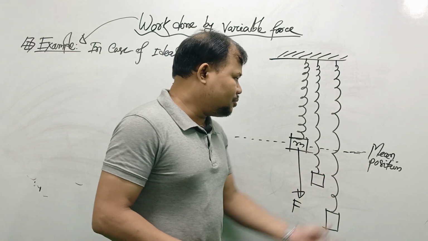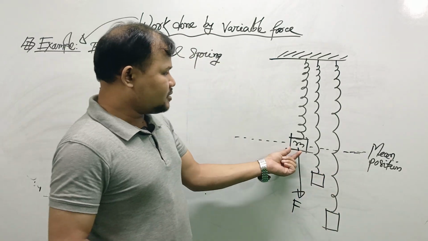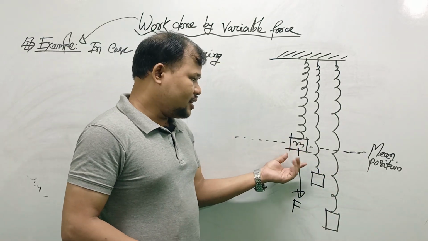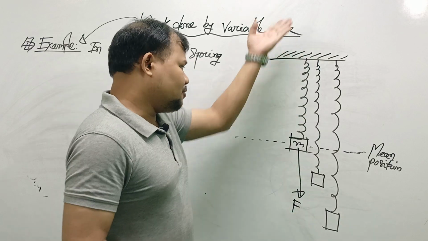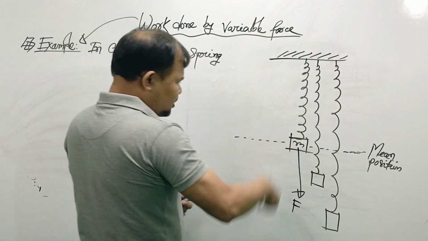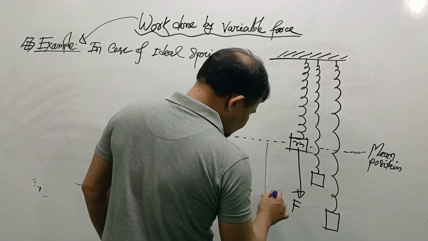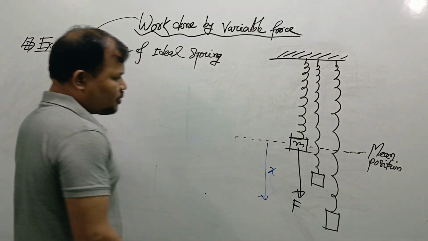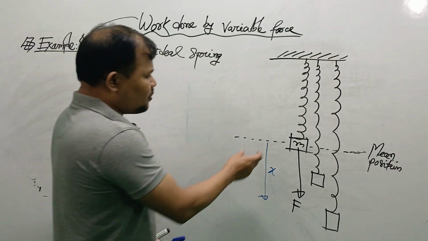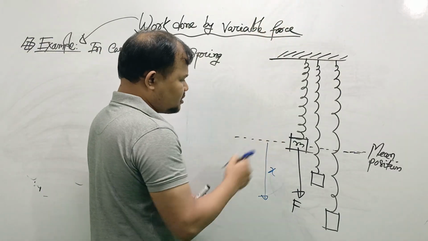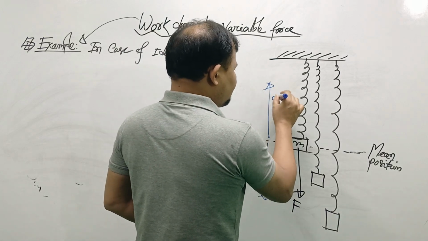As this is the mean position, if the body of mass that is hanging on the spring is moved downward or upward, when this body goes downward, then the direction of the displacement is also downward. If this body goes in the upward direction, then the displacement is counted from here in the upward direction.